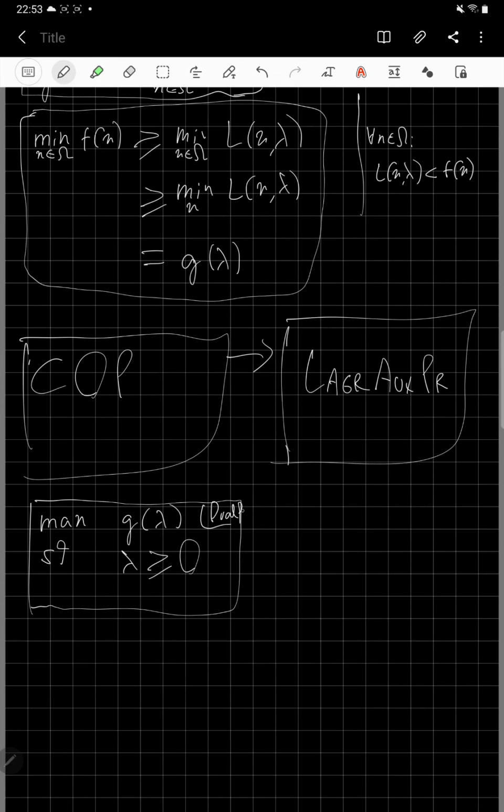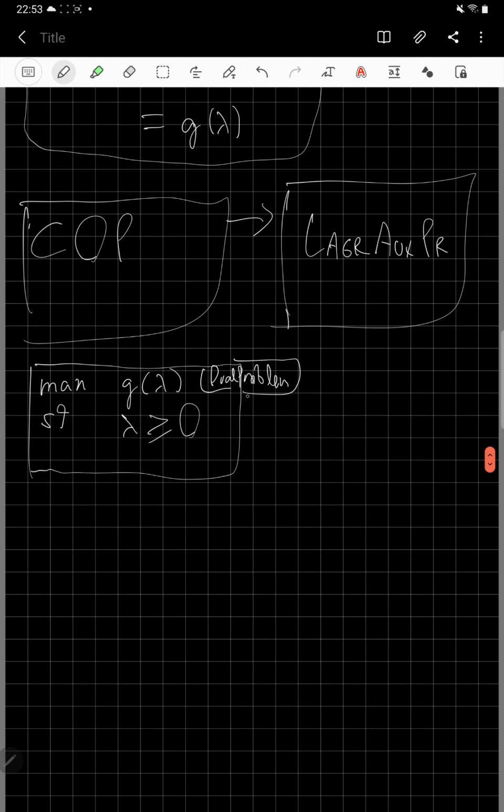This is the dual problem. And this is going to give us the best lower bound of the lower bounds that this gives us. It's going to give us the one that is closest to the actual minimum. Remember that g of lambda is smaller than the minimum we're looking for, the solution.